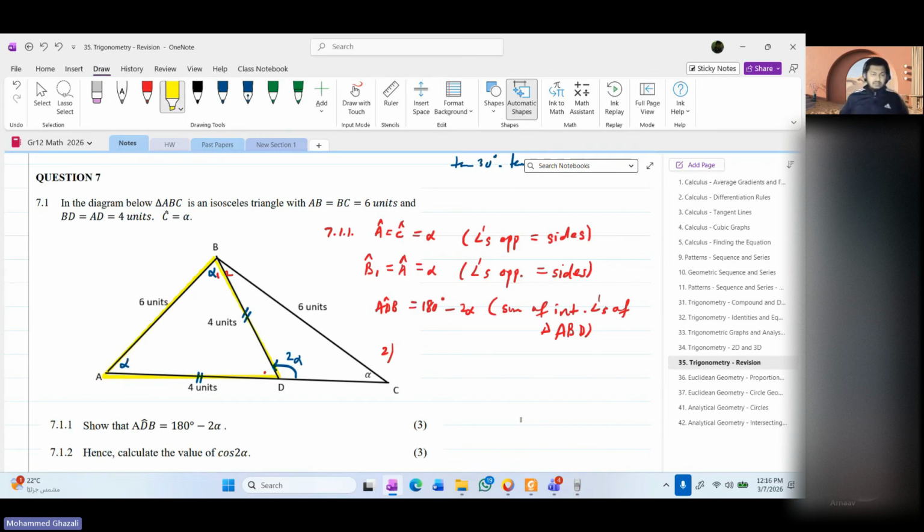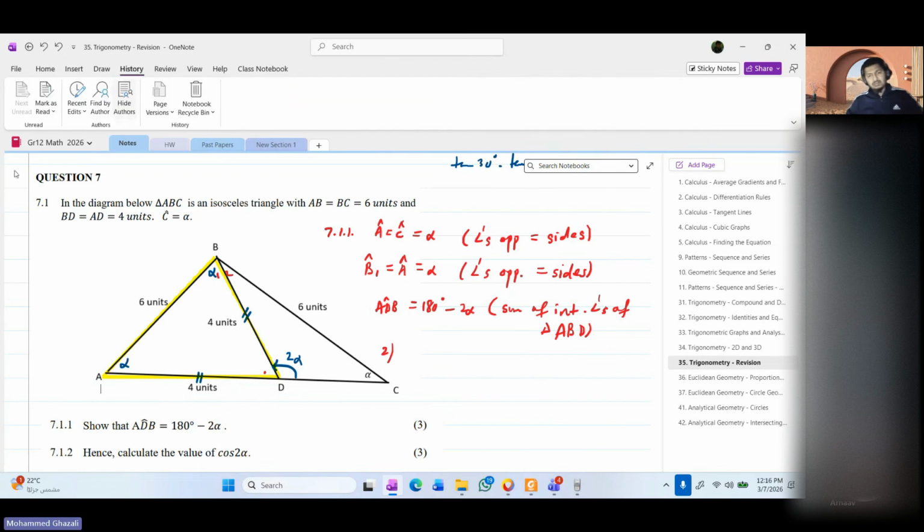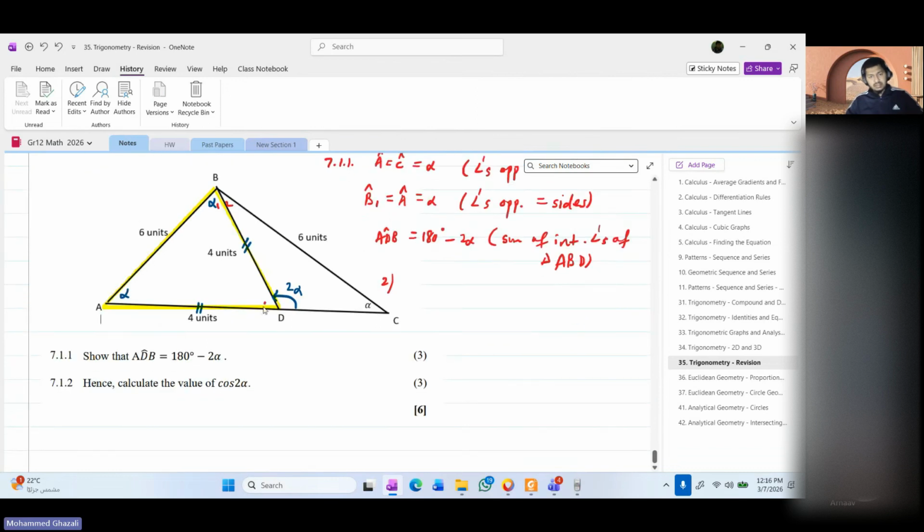Sine alpha over 4 equals... If we want cos 2 alpha, no, we have to get it from the cosine rule, I'm sure. Yeah, so let's look at this. We're going to use triangle ABD.